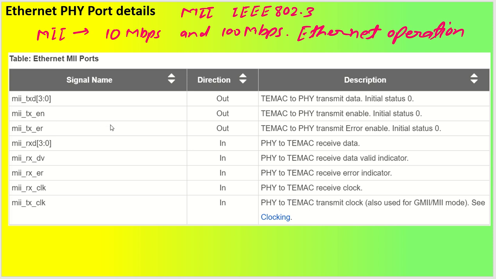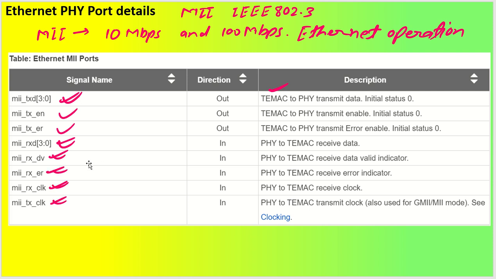As you can see in MII, we need 4 bits of TXD lines, the transmit data lines from MAC to PHY. We have TX enable and TX error, where TX means transmit. Similarly, we have 4-bit RXD lines, then receive data valid, receive error, receive clock and transmit clock.